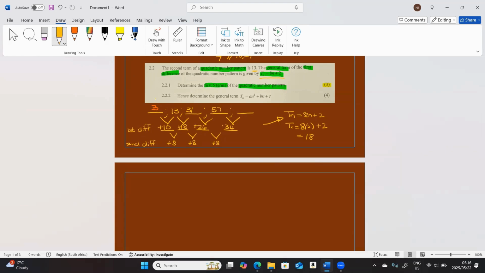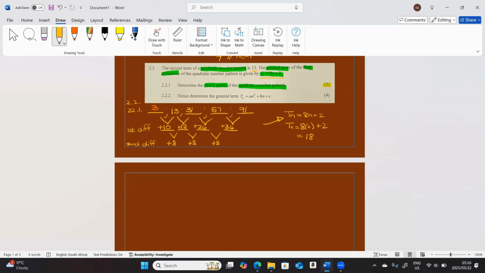And then 57 plus 34 would give me 91. Okay, so there we have the answer for 2.2.1, because there we have the first 5 terms of the quadratic number pattern.